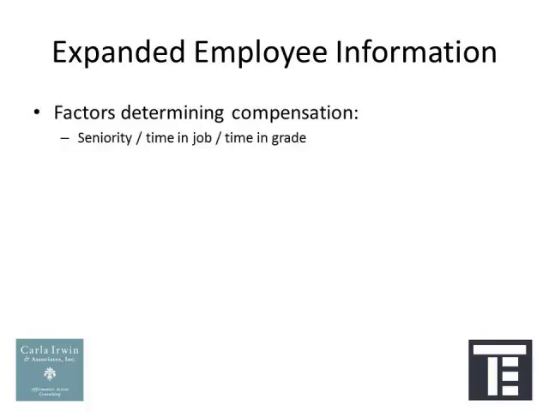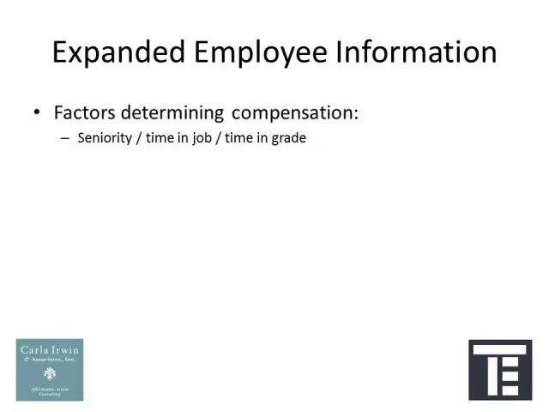And the first one is some kind of a measure of seniority or time in job or time in grade. If you have a grade step system, time in grade can be really useful in differentiating who should be at the top of the grade range and who should be at the bottom based on how long they've been in the grade.